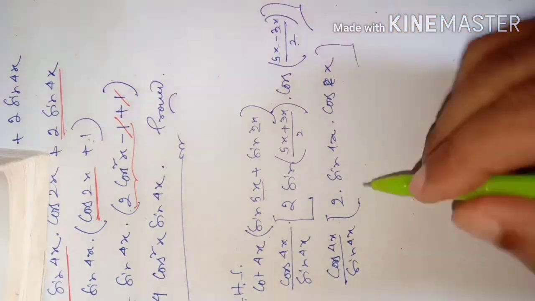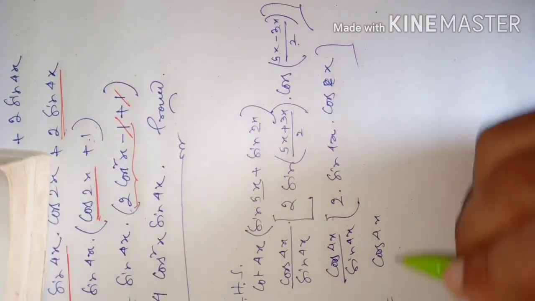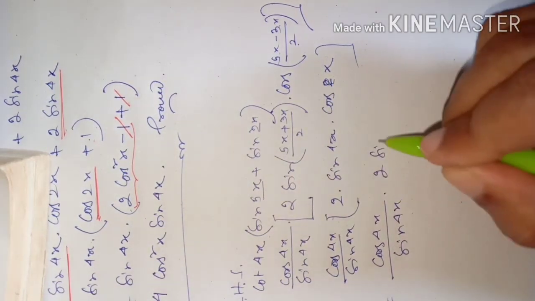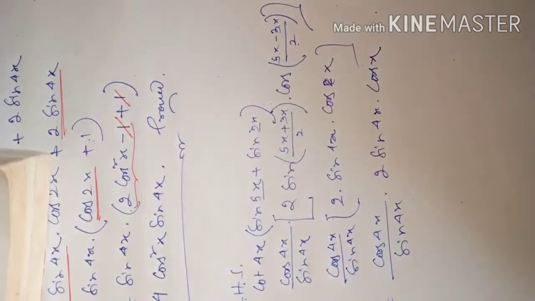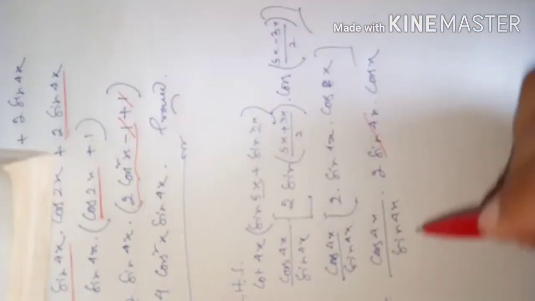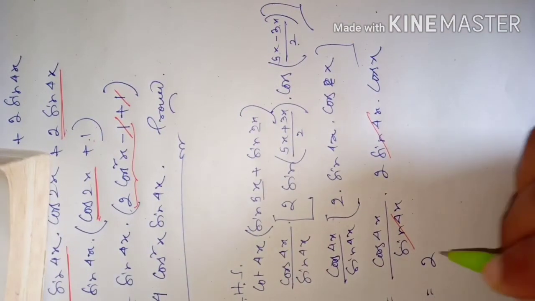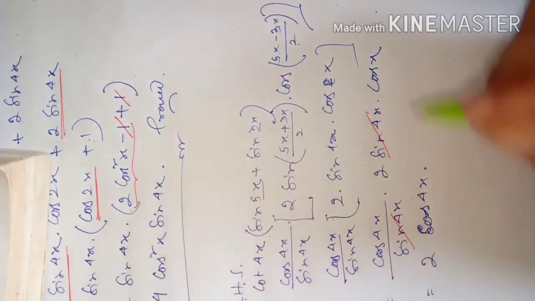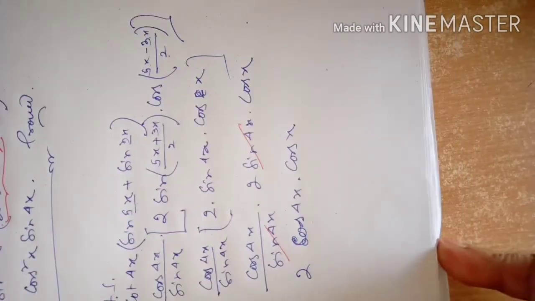Okay dear students, once again I am writing that line: cos 4x by sine 4x into 2 times sine 4x into cos x. So we are cancelling this sine 4x with this sine 4x. The final thing from left hand side is twice cos 4x into cos x. Okay, this is the result of left hand side.